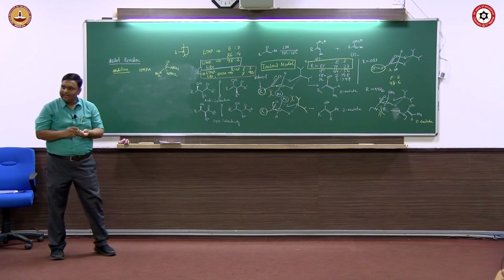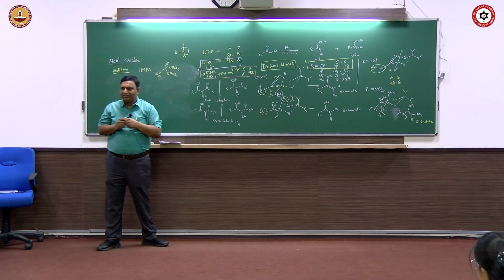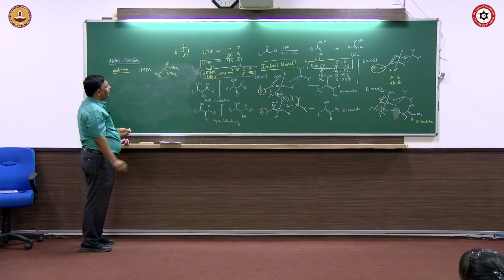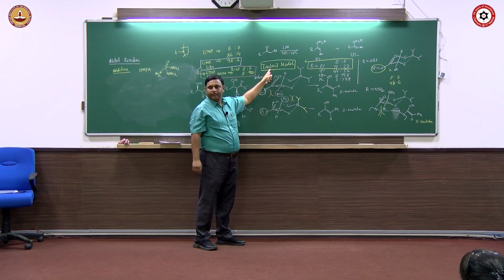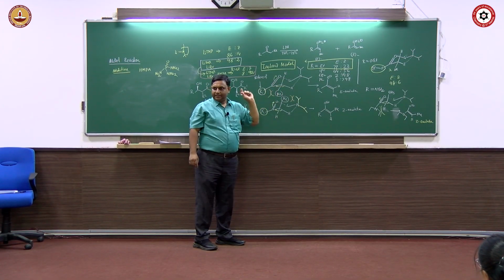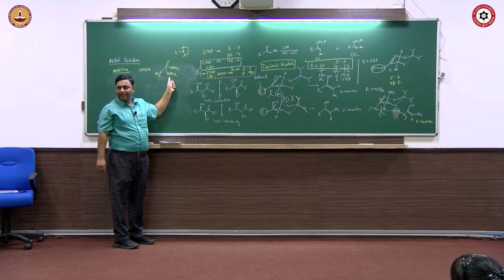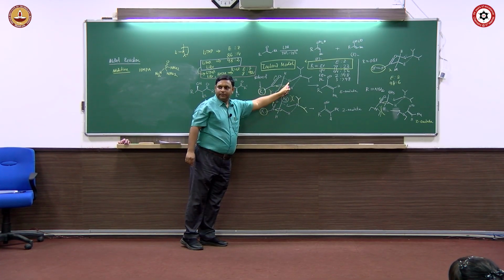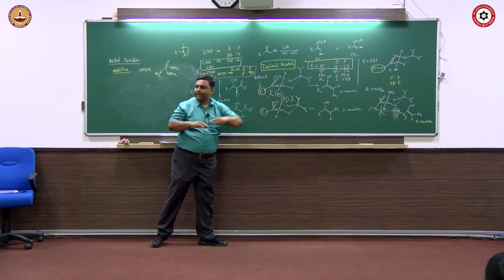Now, what exactly happened that you add HMPA and the game is changed? What is the role of that? This is coming from the Ireland model, because of this closed 6-member transition state. But the moment you add HMPA, which is highly coordinating, HMPA will coordinate with the lithium and break this 6-member transition state.